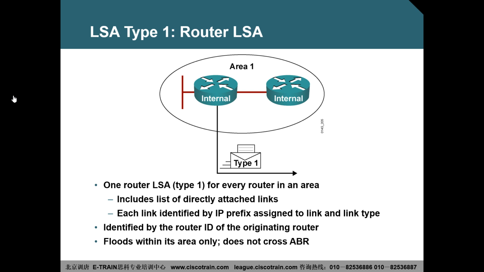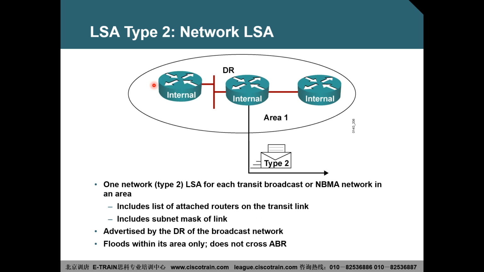So from every link, type 1 LSAs are sent along with the router ID, and they don't cross the border. They are flooded within the area. Now let us go to the second one. Read it yourself for a minute.